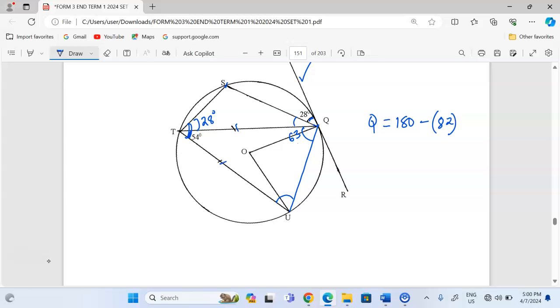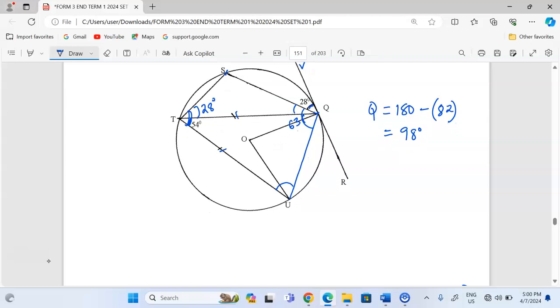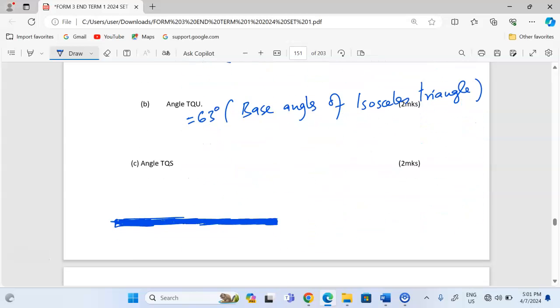So 180 minus 82 gives us 98. The whole angle SQU is 98. Now to get TQS, we take the whole angle of 98 and subtract 63. So 98 minus 63 gives us exactly 35 degrees.